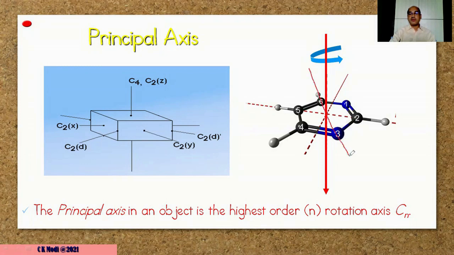Same way, the third one, this is the fourth one, this is the fifth one, and this is the sixth one. So how many C2s are there? 6 C2s and 1 C6 axis. So which one is considered to be the principal axis? The highest fold order rotation axis, that is C6, is considered to be the principal axis.